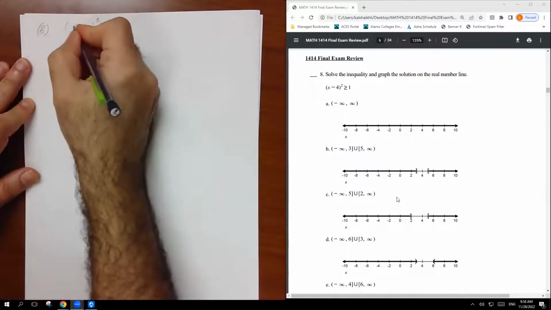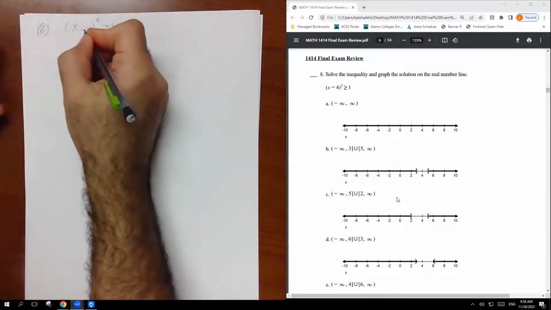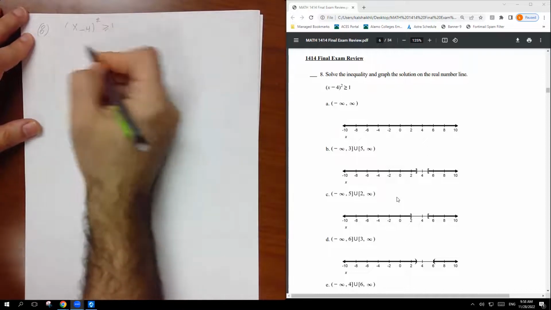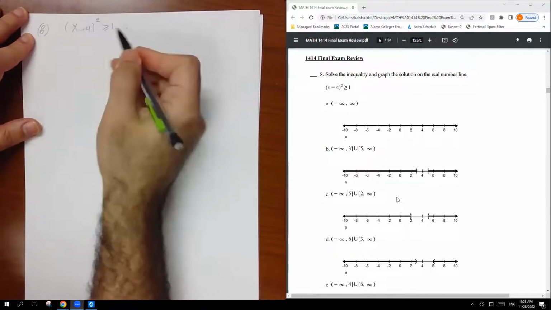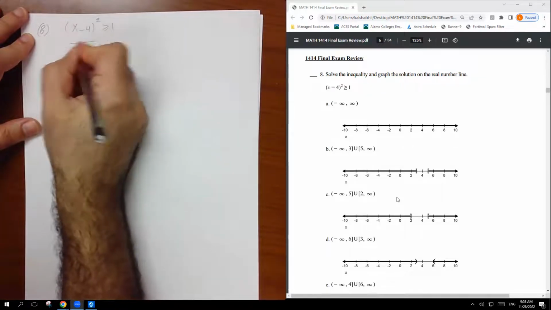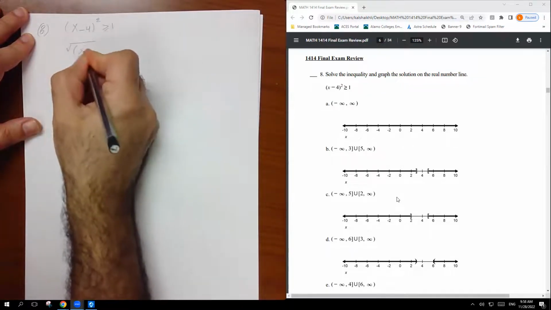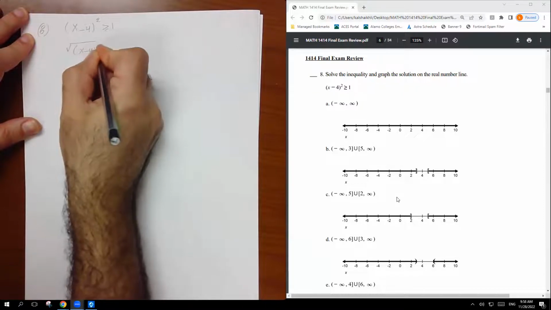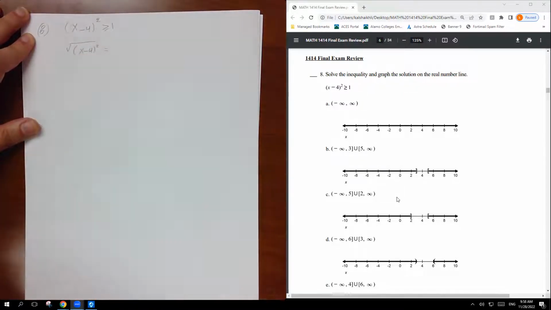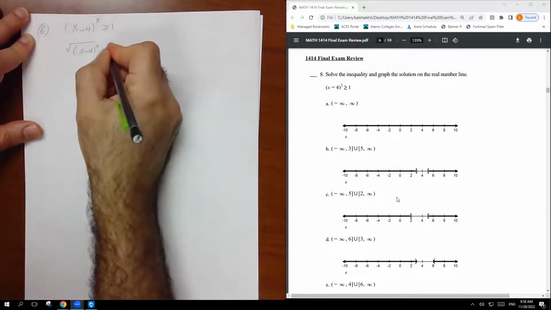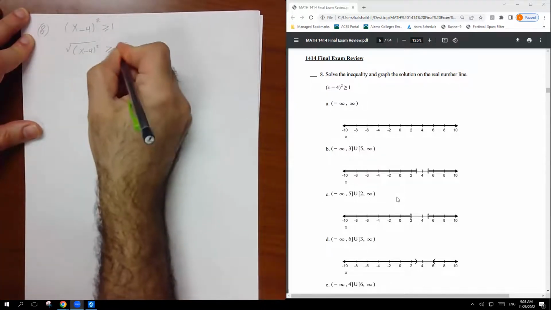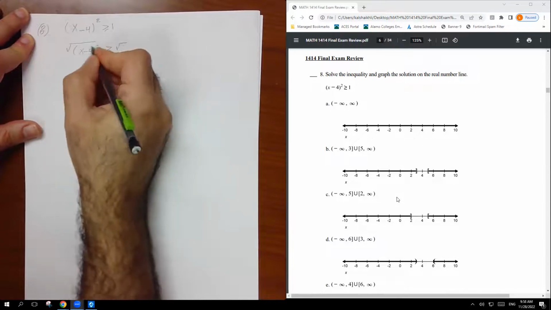So the first step, we need to find the critical numbers. To solve this one, we take the square root of both sides. The square root of (x - 4)² is greater than or equal to the square root of 1, so the square cancels with the root.